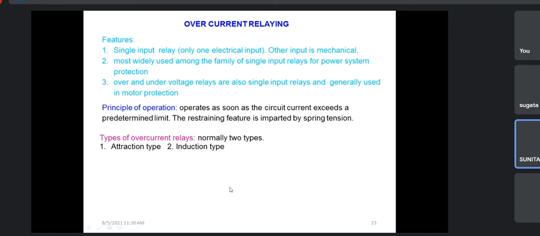Attraction type means we give a solenoid an energizing current proportional to the current to be protected, then the armature will move from rest position to close position to operate. And induction means the relay will induce a current in a part of it, so that it can rotate and make the circuit close or open.